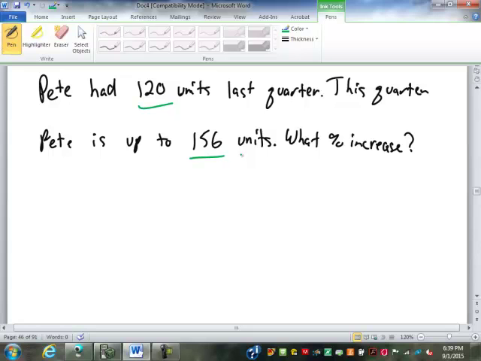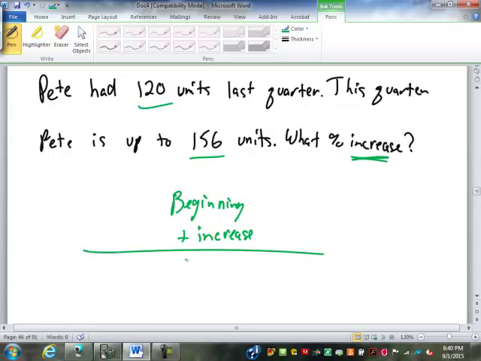But if we look at this, first of all, it's an increase, which means we're going to start with some sort of beginning amount, we'll call it the beginning amount. And we're going to add some sort of an increase to it. You get some sort of a new amount or ending amount.